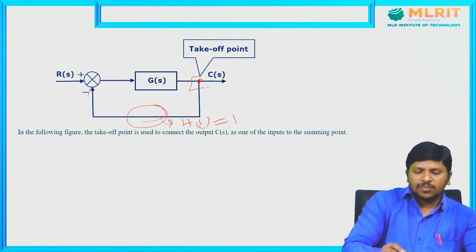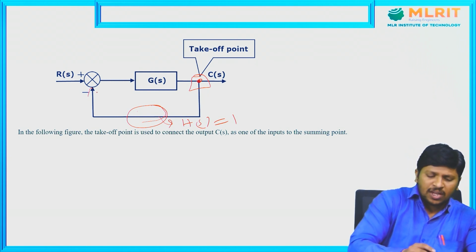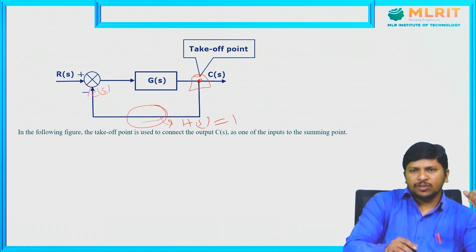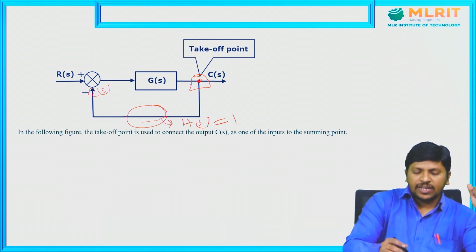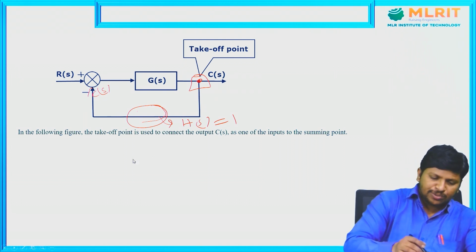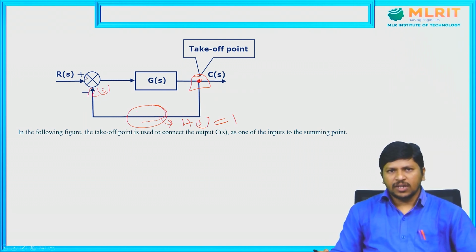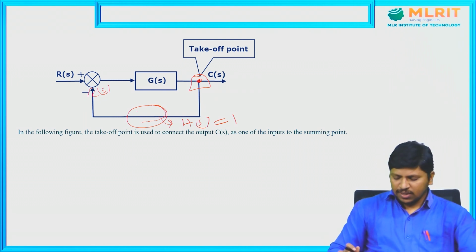This is the take up point: the C of S signal is connected again to the input side using the take up point. This is the unity feedback system.